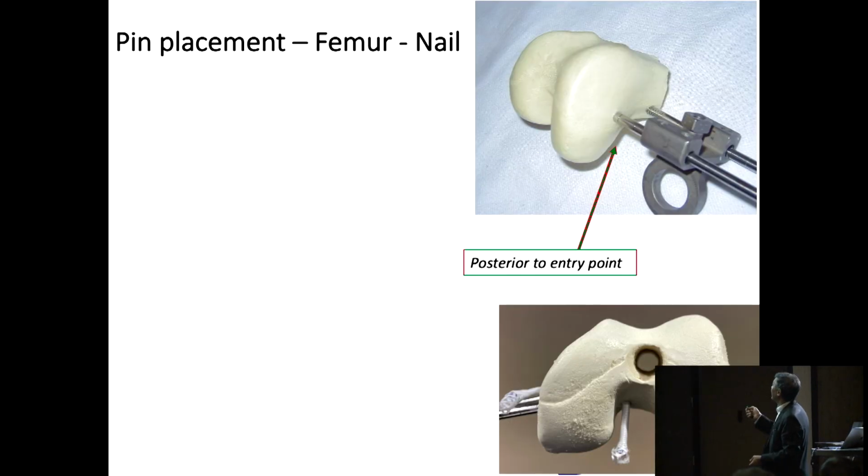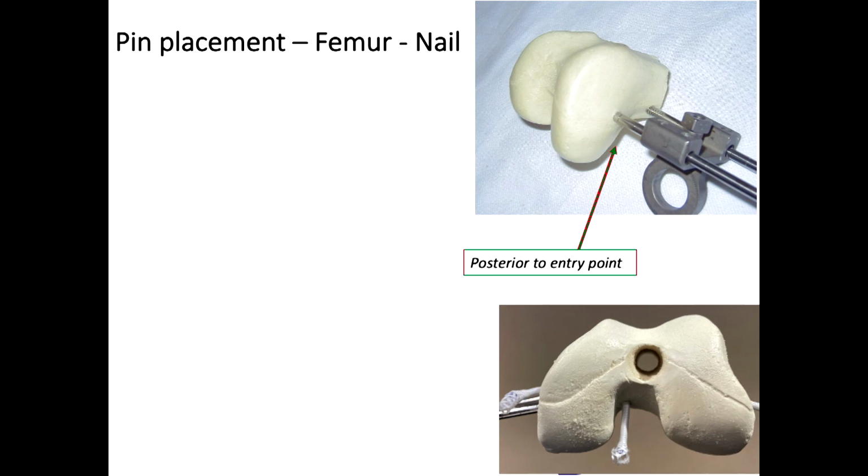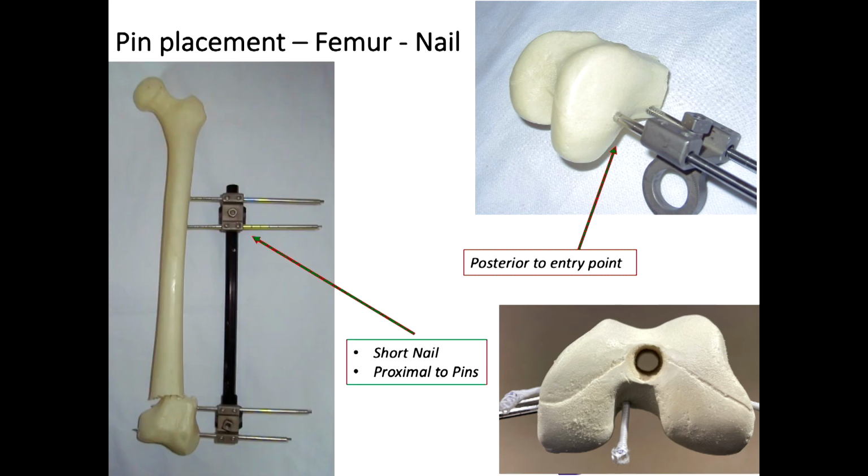If you're doing a nail in the femur, you put it posteriorly, so these are the two pins posteriorly, and your canal entry point is quite clear. So you have enough space there to put them posteriorly. But the ideal thing normally, rather than putting it in the posterior cortex, is to put it a bit proximal so you have clearance.